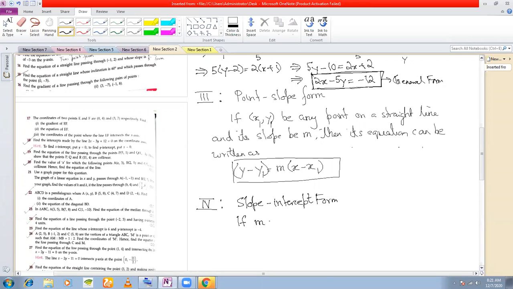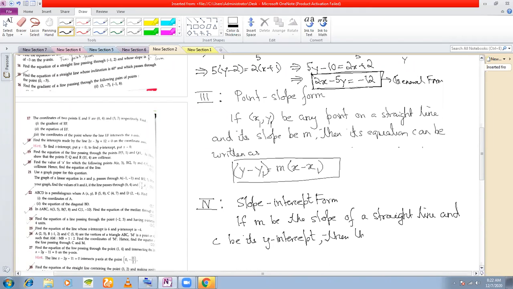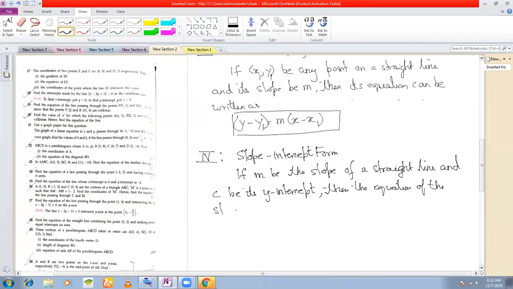If you know the slope of a straight line, and if you know the y-intercept, not the x-intercept, and c be its y-intercept, then the equation of a straight line is y equal to mx plus c.